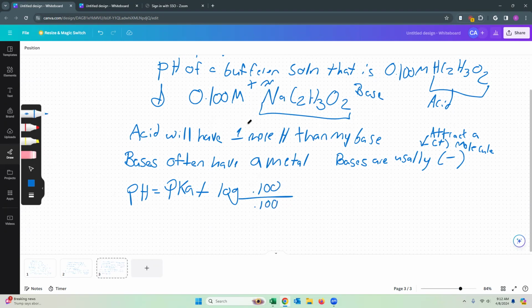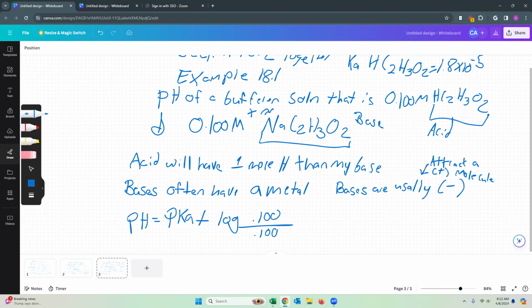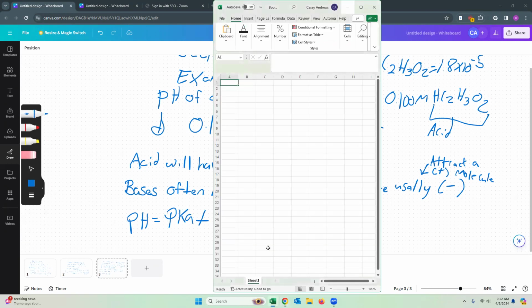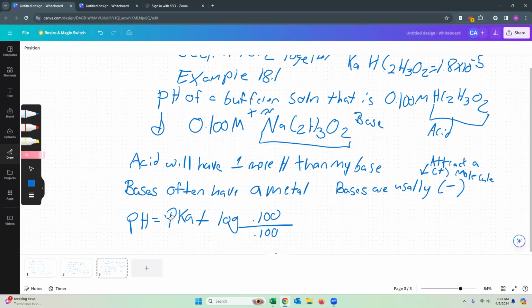I have to find my pKa. Our Ka is 1.8 times 10 to the minus 5, so our pKa is minus log of 1.8 times 10 to the minus 5. Our pKa is 4.74, plus the log of 0.1 divided by 0.1.